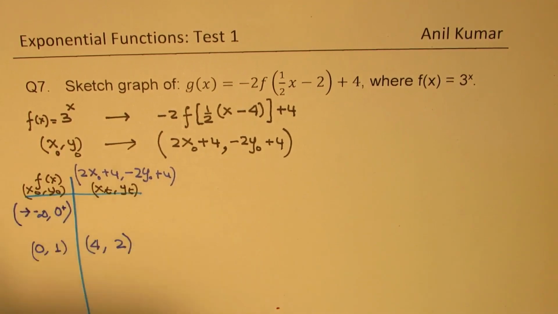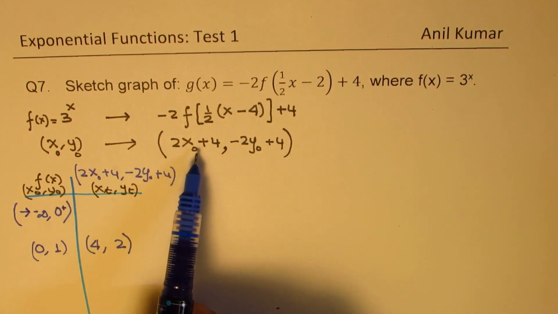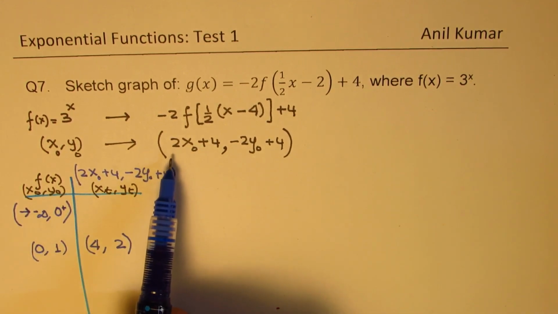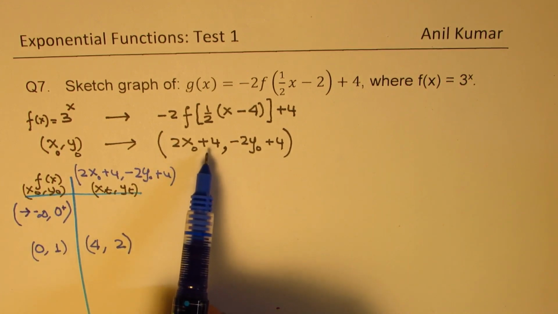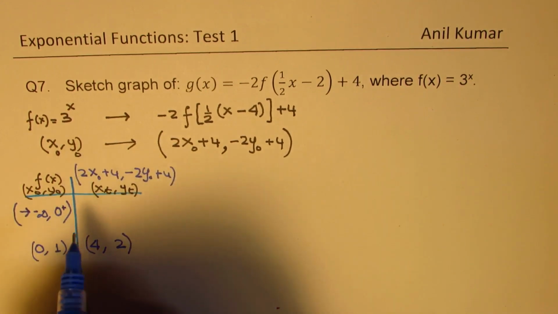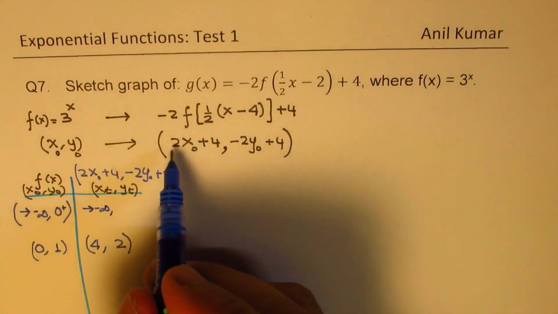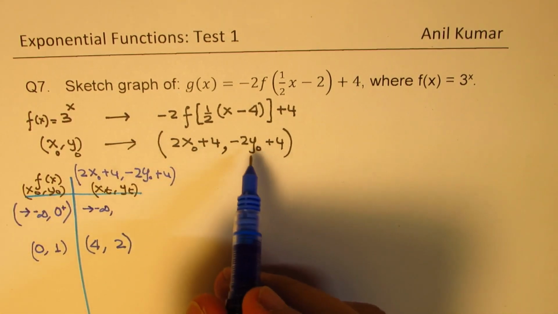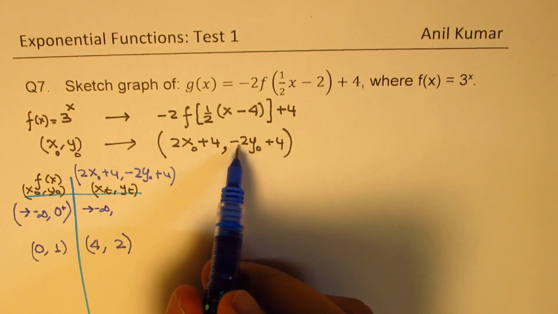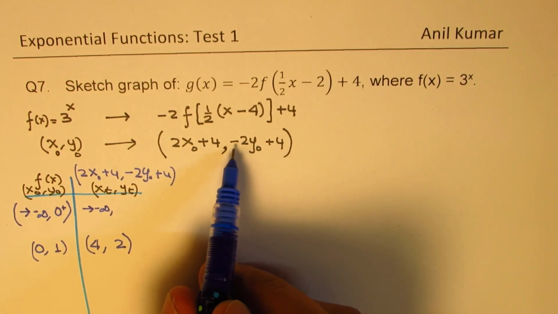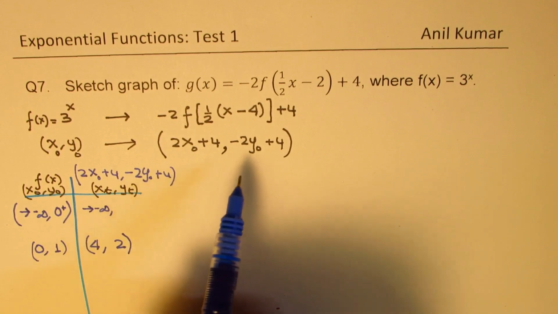That is the horizontal asymptote, clear? Now in this case, what am I saying? I'm saying negative infinity, that will remain negative infinity, correct? So when x approaches negative infinity, plus 2 times that, it remains negative. But the y value becomes negative. You see that? Negative means it's going downwards, right?